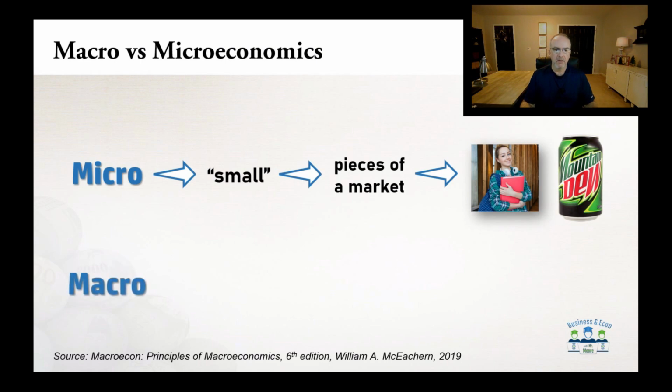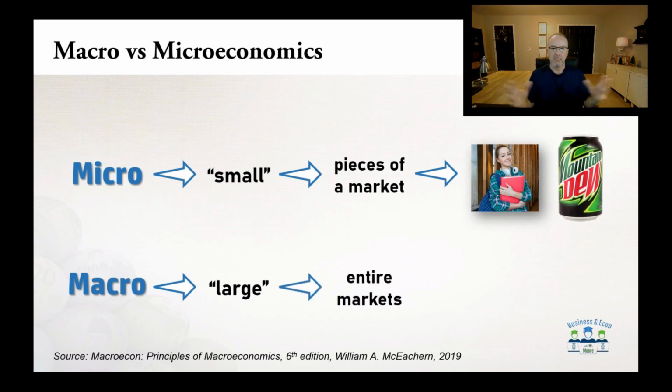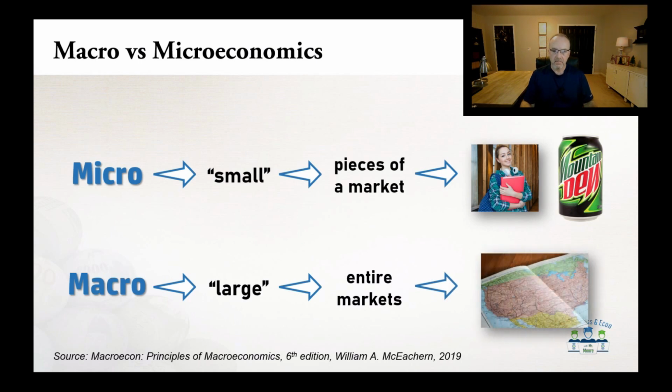But then we have macroeconomics. Macro means large. It means big, big picture, big scale, big scope. And so it's easy here to understand that this is talking about entire markets. So it would be like national markets. Macroeconomics is the study of how a whole nation fulfills its unlimited wants and needs with its limited resources.